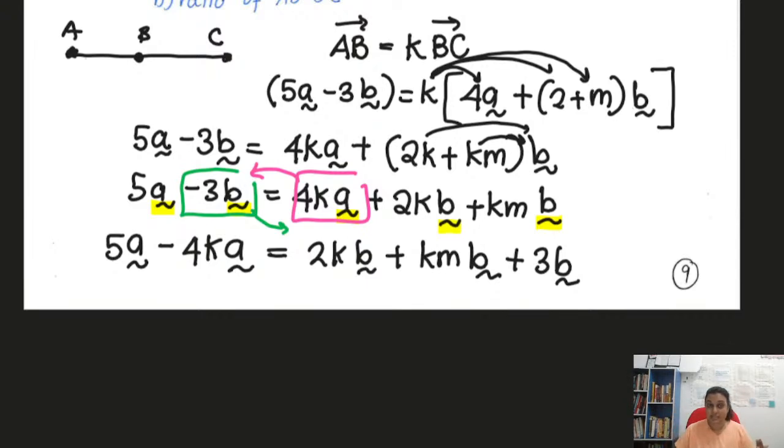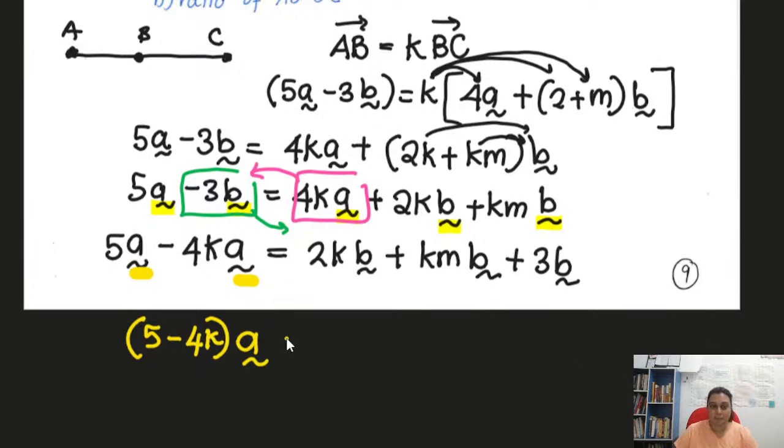Okay, now what you can do? Faktorkan, factorize. How to factorize? Okay, here got A and A, isn't it? Vector A. So the vector you take it out. Bawa vector keluar ke belakang. So what is left? Yang tinggal ialah 5 tolak 4K.